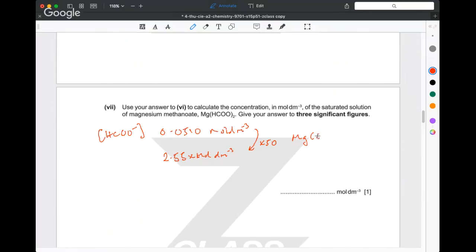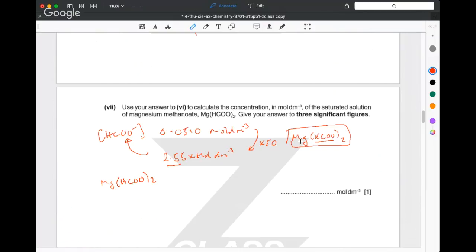But if you remember that magnesium methanoate has 2 of these methanoate ions for each formula unit. So actually the concentration of the magnesium methanoate is actually going to be half that concentration, because that concentration was just the concentration of the methanoate ions.